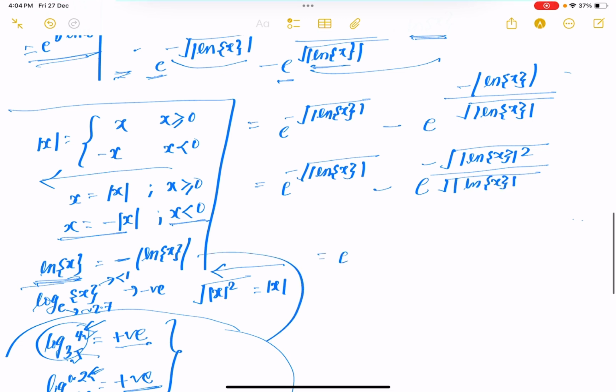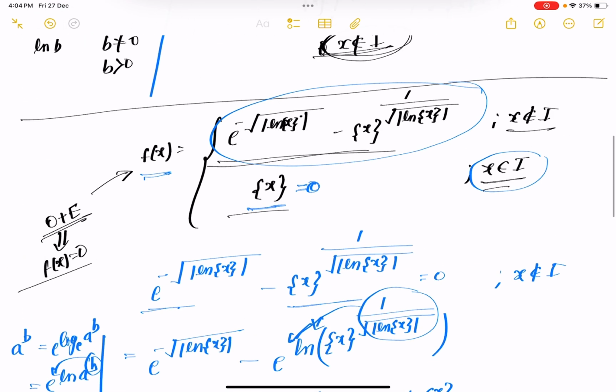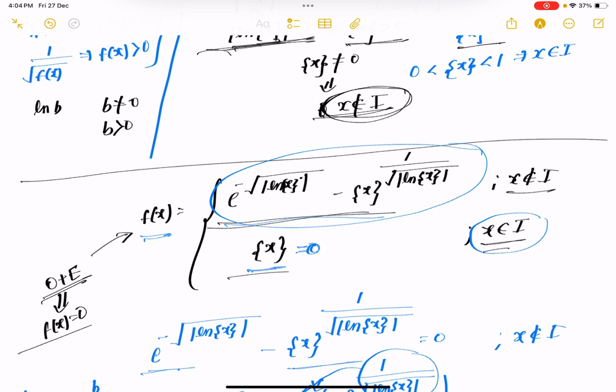Now since both have a square root, this will go under the square root, and one ln x will get cancelled. So I can directly write like this, under the square. Now if I see both are the same, this value will be equal to 0. So this value after solving is also equal to 0.